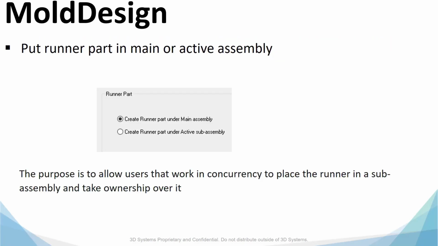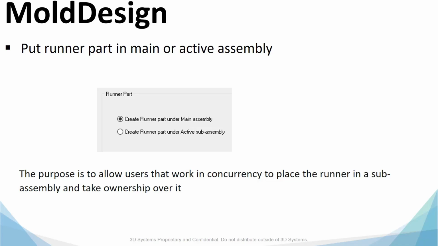Put runner part in main or active assembly. There is a preference where we can decide if you want the runner part to be under the main assembly or under the active sub-assembly.